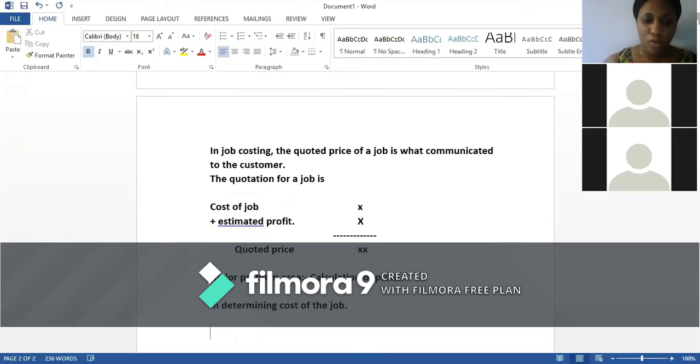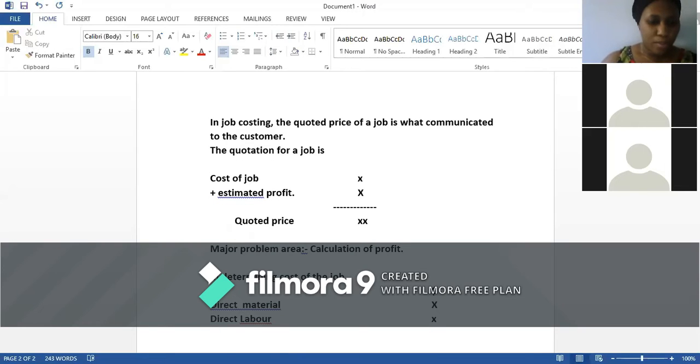In determining the cost of the job, you'll be saying direct material, plus direct labor, plus production overheads.